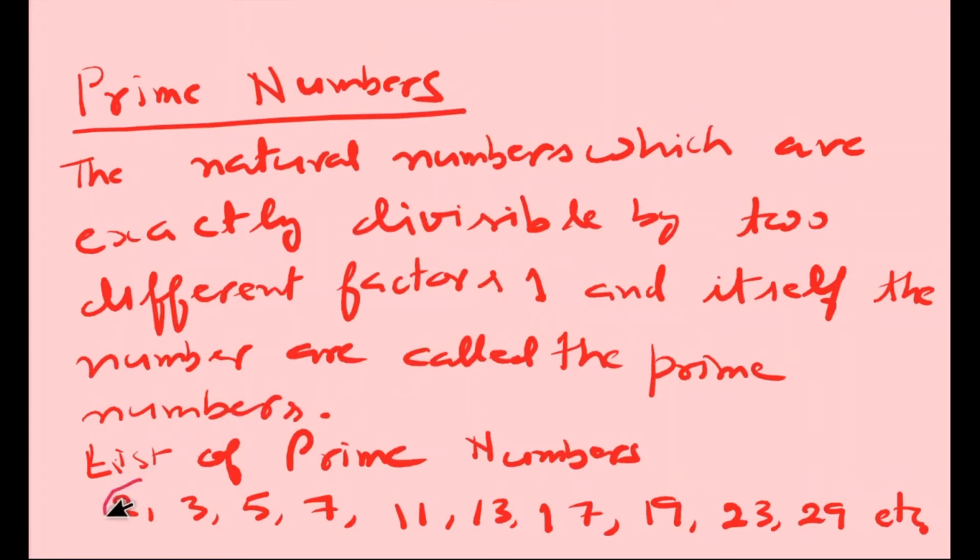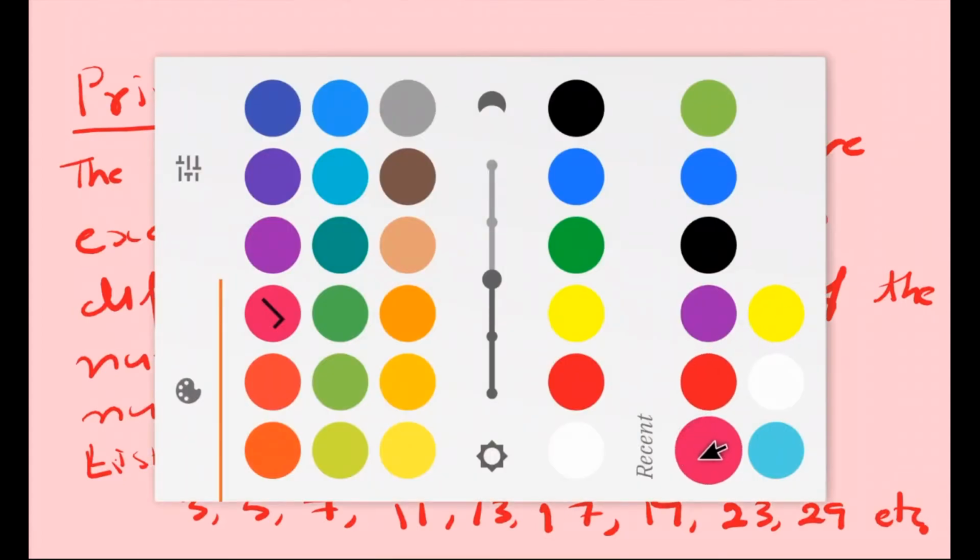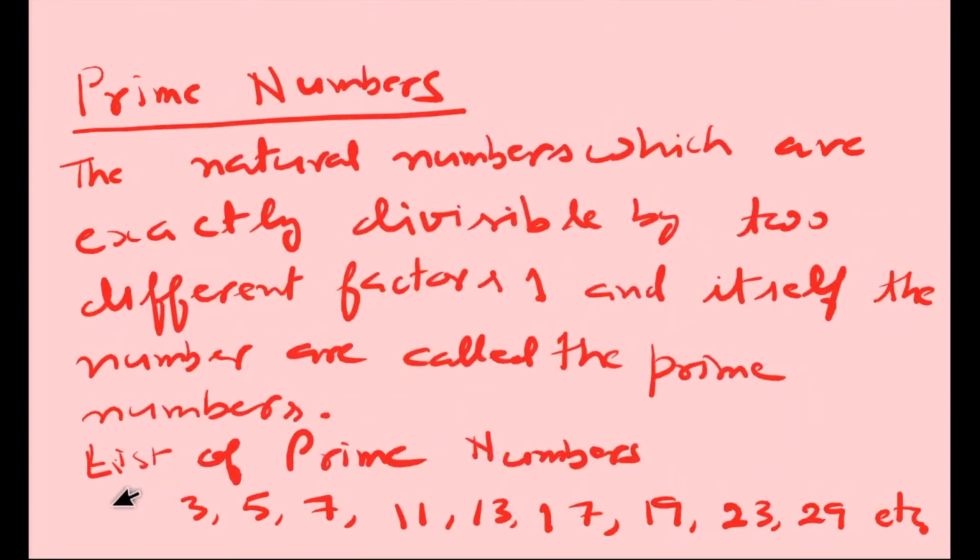This should be understood by 2. What is 2? 2 is a prime number, but it is also an even natural number. Two is a prime number, but it is an even number.